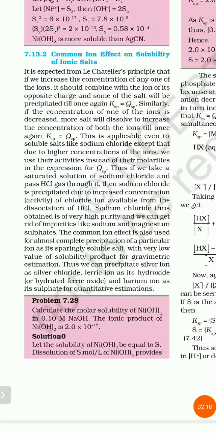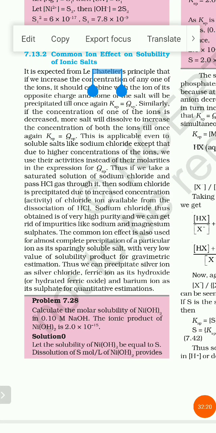It is expected from the Le Chatelier principle. According to Le Chatelier principle, the solubility of ionic salts depends on this. If you increase the concentration of any one of the ions, it should combine with the ion of its opposite charge.